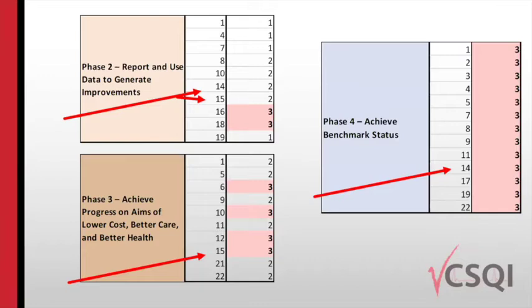So that means you need to have decided on a quality improvement model that you are beginning to incorporate into your regular activities.